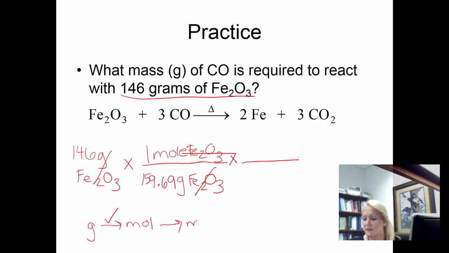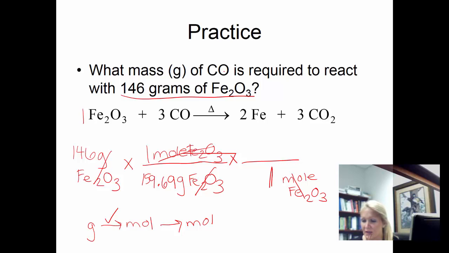Now, the only way to get from moles of a compound to moles of a different one is using your balanced equation. So if I have moles here of iron 3 oxide, I have to have moles of iron 3 oxide here in the denominator so that these can cancel. Okay, so I look at my balanced equation. I have 1. There's an understood 1 there.